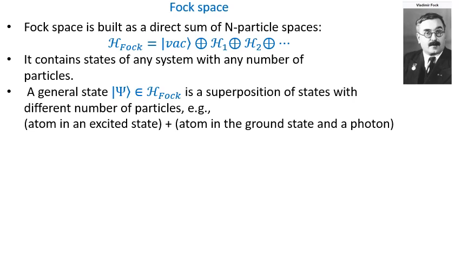There are also vectors that are superpositions of states with different numbers of particles. For example, a superposition of excited atom and the same atom in the ground state plus a photon. So in the Fock space we can describe naturally the light emission and absorption as well as all other processes involving creation and annihilation of particles.